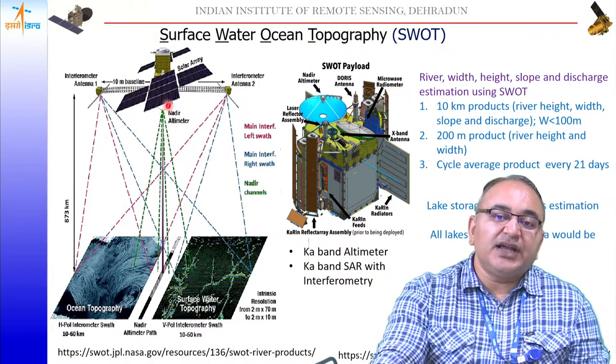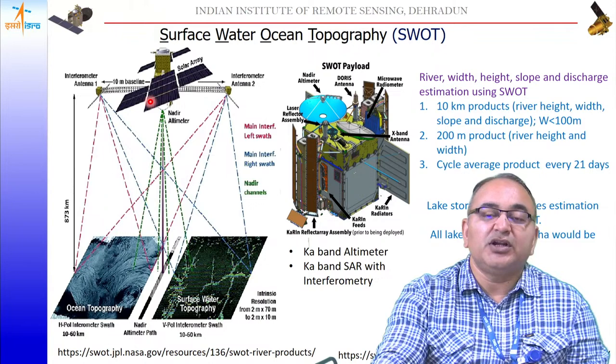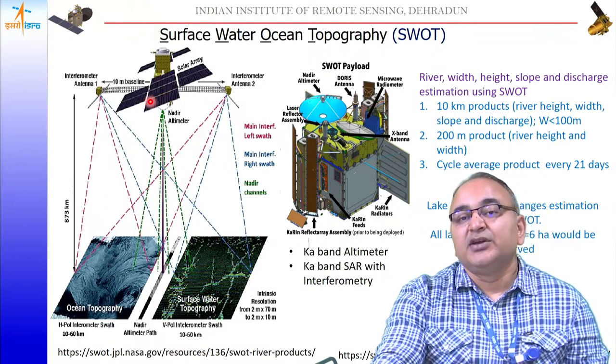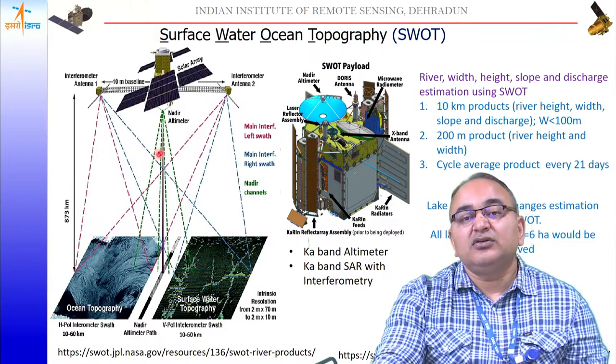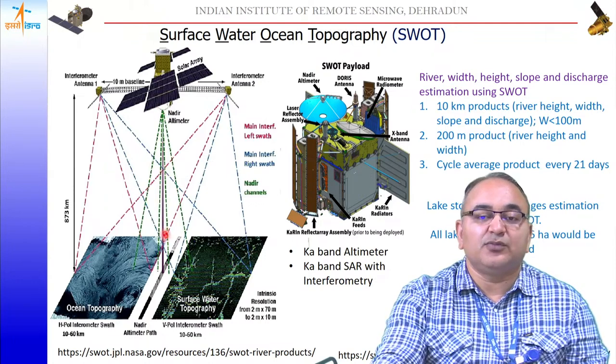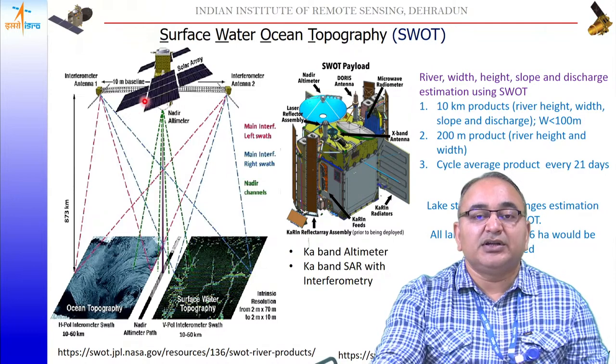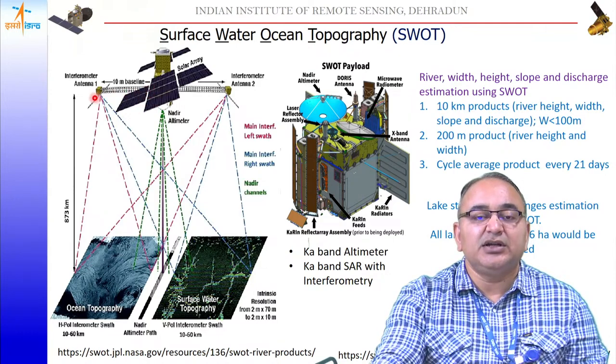Before that we had such a mission in the Space Shuttle Radar Topography Mission, popularly known as SRTM. In that data also it was very difficult to generate the water bodies' elevation. There was some error, because their baseline was almost 60 meters, but in this case it is a 10 meter baseline and it is working in Ka band.